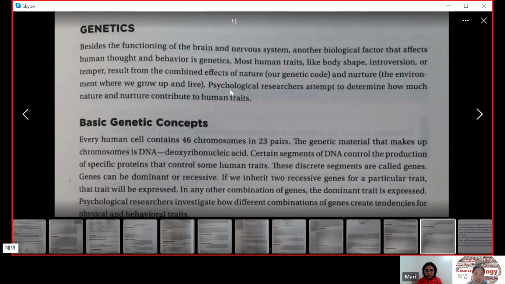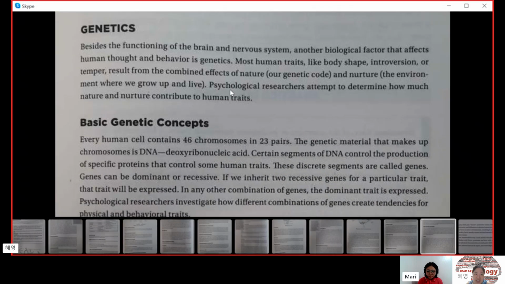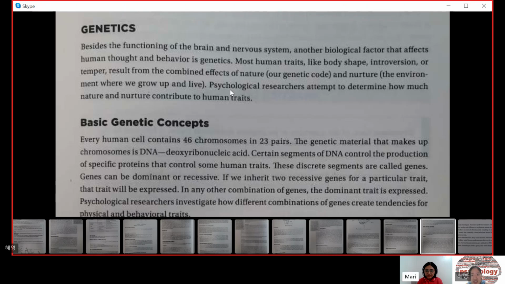And genetics. Besides the functioning of the brain and nervous system, another biological factor that affects human thought and behavior is genetics.